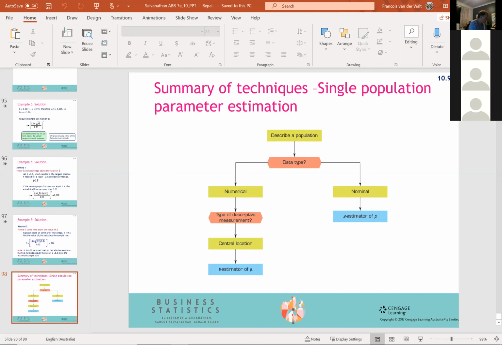Take note of 10.4, take note of 10.5 and 10.6. But 10.1 and 10.3 are the two that you need to focus on. And by the way, exam quiz 3 includes chapter 9 and 10. Make sure you have studied that as well before you start the quiz.